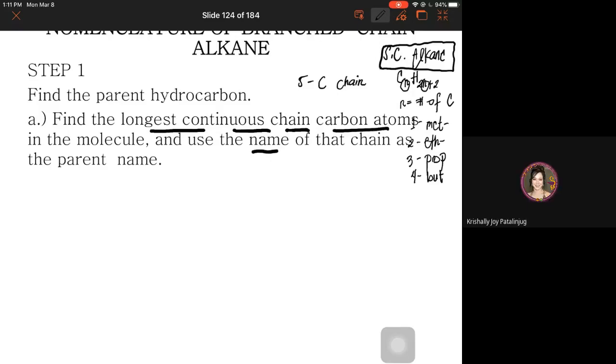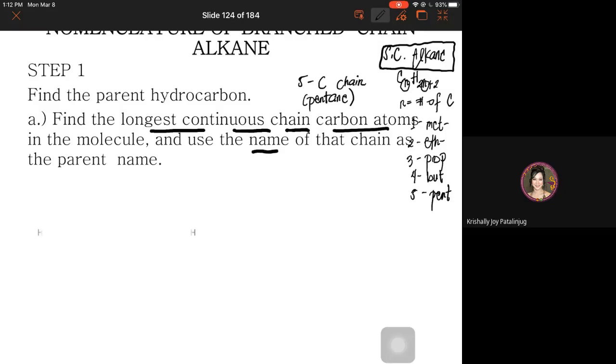Yes, very good. Pentane. When 5, pent, then you add the suffix "ane." So the parent name of that branched chain alkane is most probably pentane, because it has the longest continuous chain of carbon atoms. When 6, hexane, and so forth.